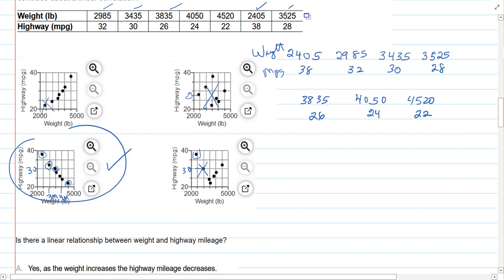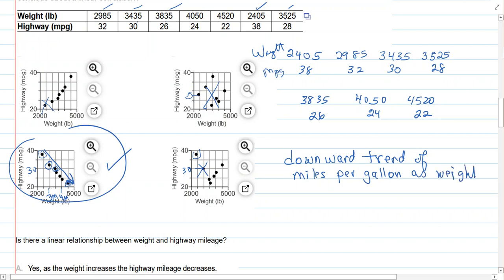So what do we notice? We notice there is a downward trend of miles per gallon as the weights increase.